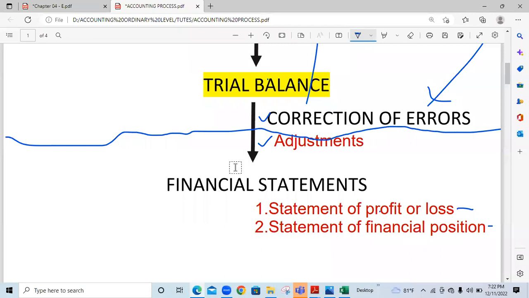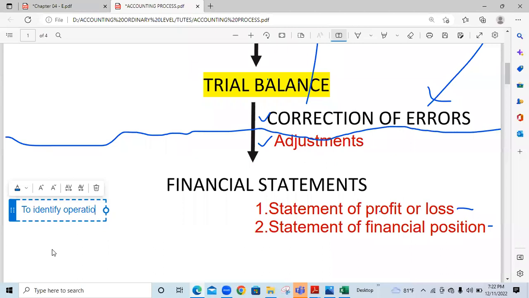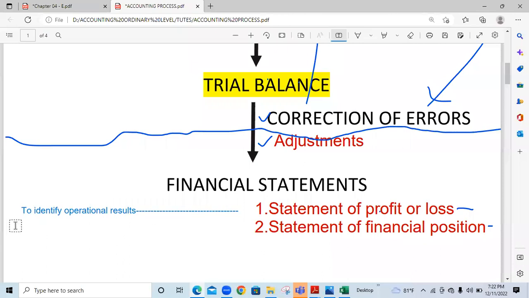Statement of profit or loss: to identify operational results. Write the objective. If they ask you, you should know what is the purpose of the statement of profit or loss. It is to identify the operational results.